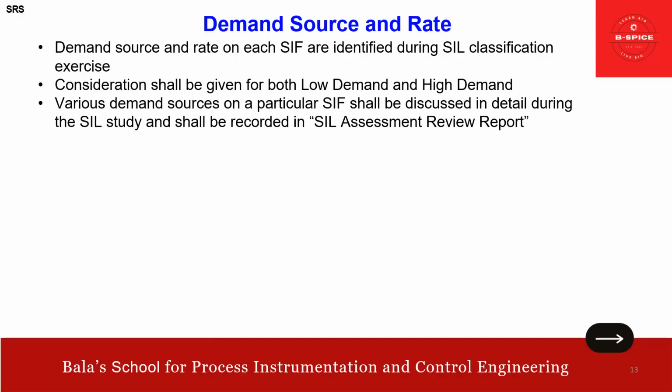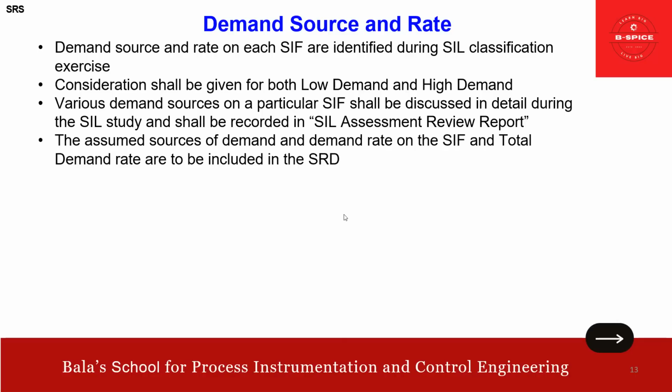All these we covered in our previous session, friends, in IEC 61511. You can verify. Various demand sources for a particular SIF shall be discussed in detail during the study and shall be recorded in the assessment review report. The assumed sources of demand, the demand rate of the SIF and the total demand rate are included in the SRS. So this is about the demand source.